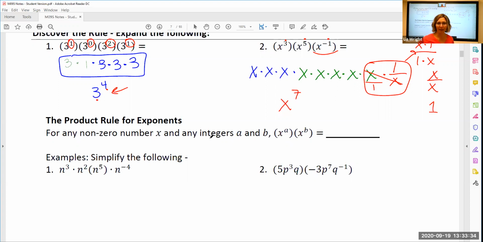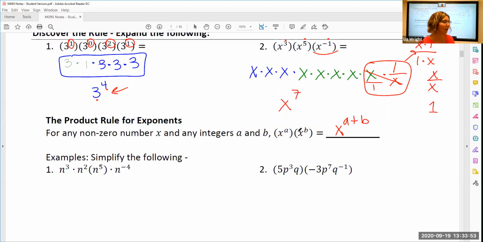Integers are any positive or negative whole numbers. So if you have any non-zero number x and any integers a and b, so those are your exponents, then we can use the rule that we're going to have x to the a plus b. And that's going to be our rule.